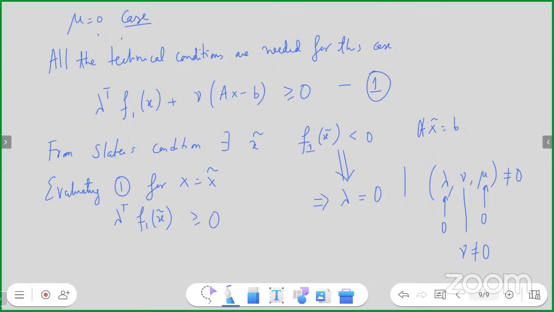So this thing right on x tilde, what does x tilde satisfy? A x tilde equal to b. Look at its neighborhood. Does there exist a point which gives mu transpose something? There is zero.